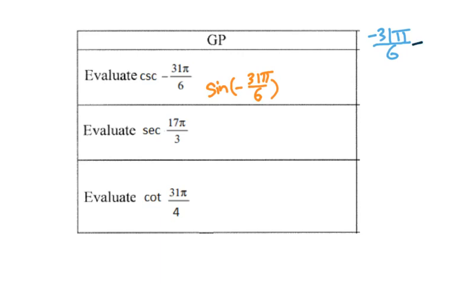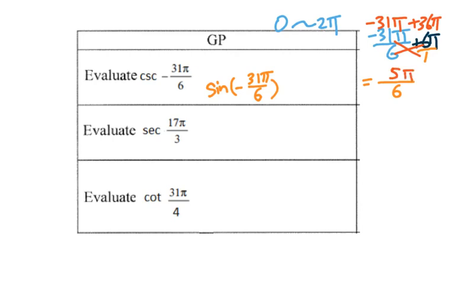Therefore, you need to add 6 pi so that you get a positive. Remember, we need an angle from 0 to 2 pi. That's the coterminal angle we need to figure out. So you have the denominator multiplied, then you cross multiply: negative 31 pi plus 36 pi. So you get 5 pi over 6.